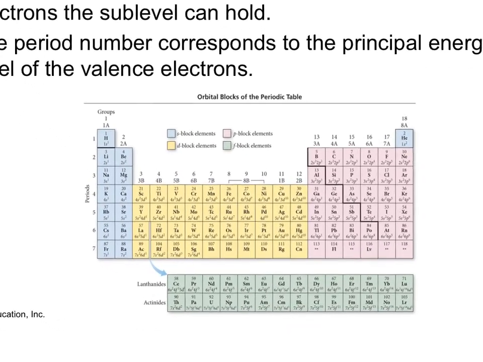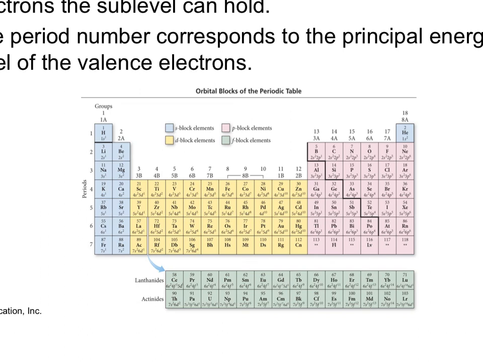So if we look at it, we will find that in these first two columns, this is filling the s orbitals. There are 10 columns across the transition series because this is filling the d orbitals. There are 5 d orbitals, pardon me. 2 electrons go into each one, so this can hold a total of 10 electrons, 10 columns across.